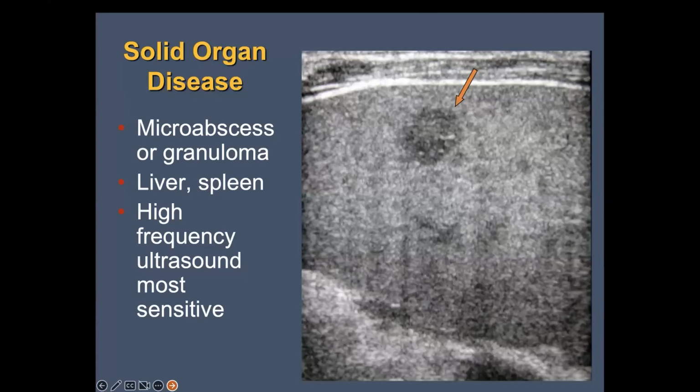And you won't necessarily see these little hypoechoic nodular densities if you don't use a high frequency probe. So it's important if you're looking for tuberculosis disease within the abdomen, particularly in the solid organs, let your radiologist know so they can use the proper type of ultrasound probe to be able to see these well.